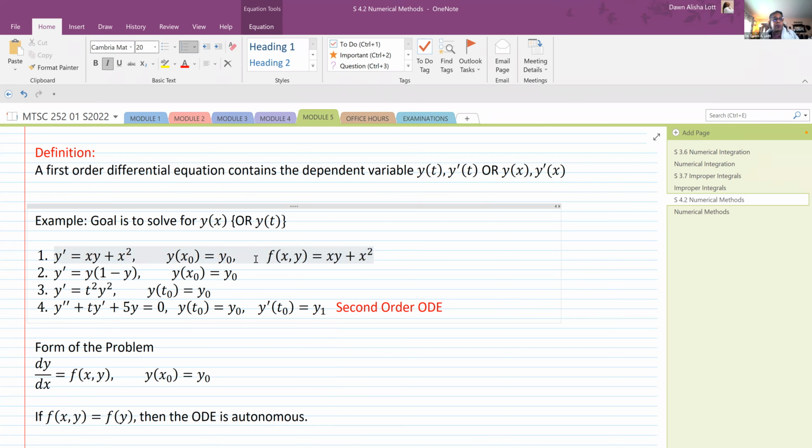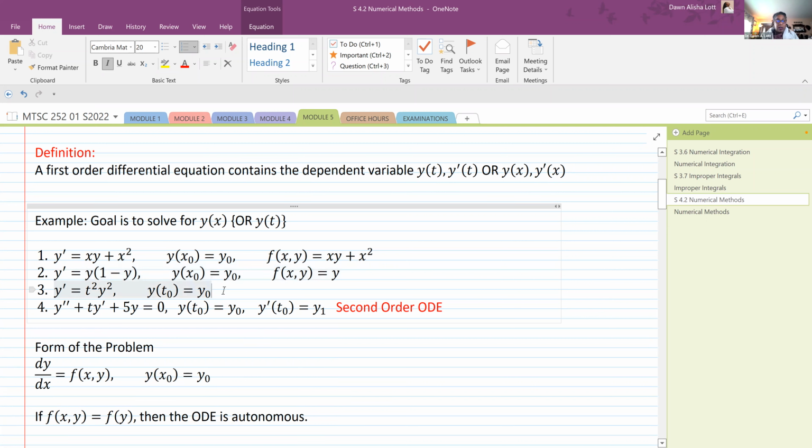For this one, you can see that f of x, y is only a function of y. And if f of x, y is only a function of y, then we say it's autonomous. That means the derivatives of y are dependent only on y itself.